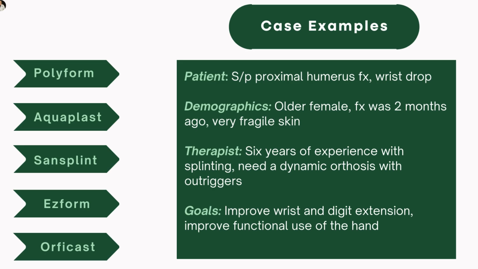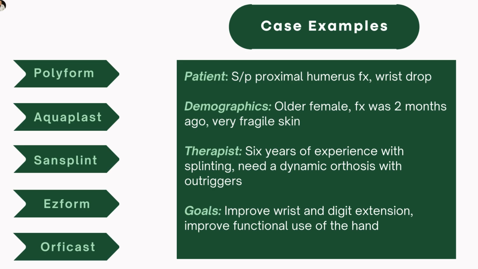Then going into Aquaplast. The patient wants to be able to take the splint on and off easily. It's circumferential, but Aquaplast is kind of thick, so it's a little too hard for them to take off. It can be thin, but in this case, we're going to say that it's a little bit thicker, the Aquaplast that you have. It lacks rigidity, so it's not going to be the best option for outriggers, and it's better for somebody who's new to splinting.